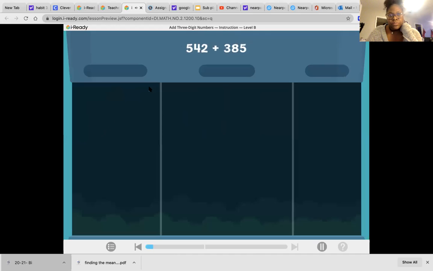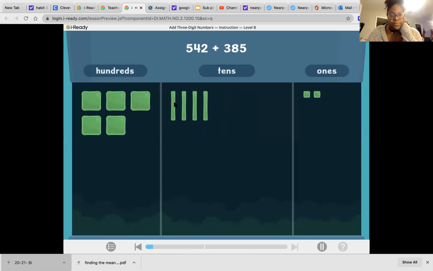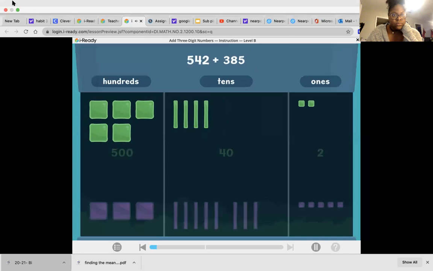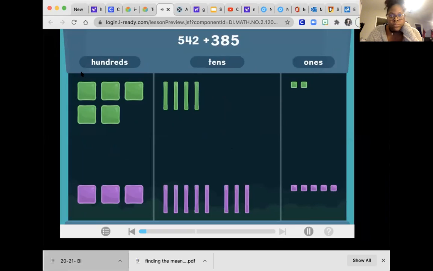Let's find 542 plus 385. 542 is 5 hundreds, 4 tens, and 2 ones. 385 is 3 hundreds, 8 tens, and 5 ones. Tap the buttons to move the blocks together.